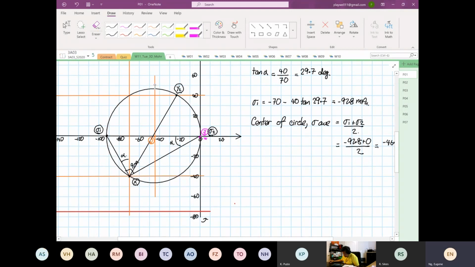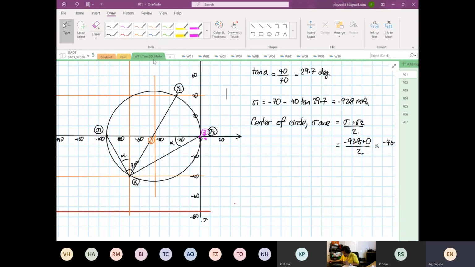Maybe I should string it down a bit. Okay, so where it intercepts. I'm not having very good luck over here. Anyway, it's just graphical, okay?